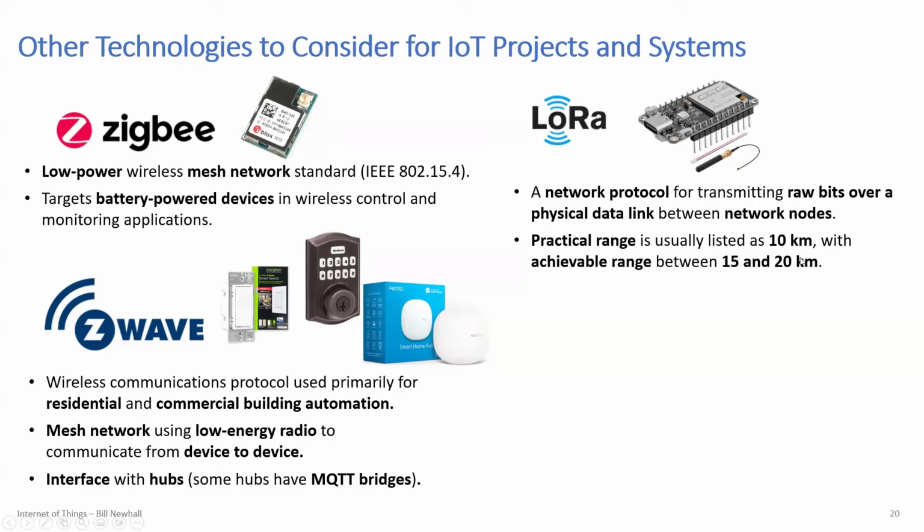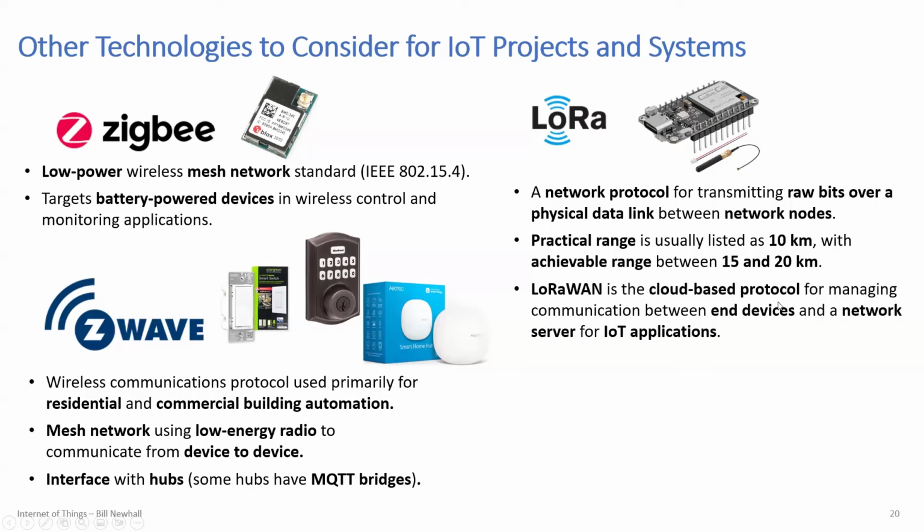I've seen 10 kilometers advertised. And so if you have a true line of sight, you might reach these ranges. You can watch some YouTube videos on people who have actually tried this. Sometimes it's shorter, but it's definitely longer than Wi-Fi or Zigbee or Z-Wave. You'll see something called LoRaWAN, which is actually a cloud-based protocol that manages the communications between end devices and the network for IoT.